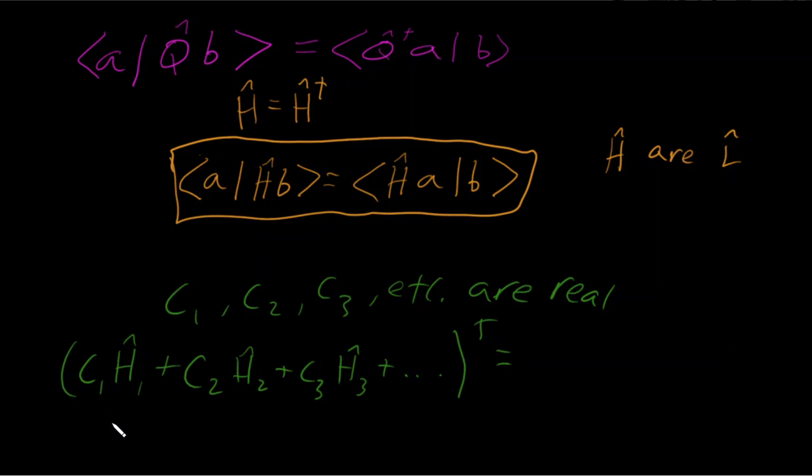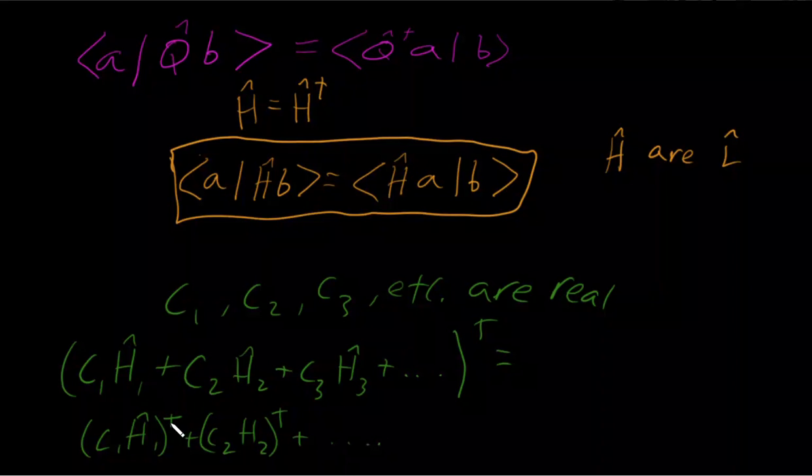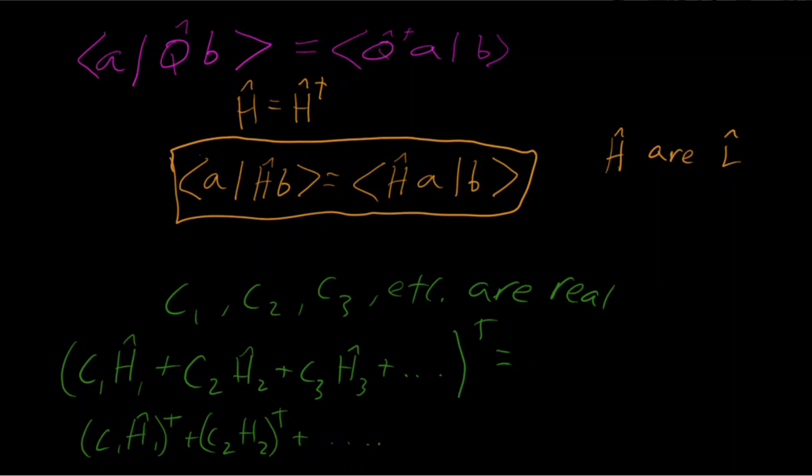So this would be C1 H1 dagger plus C2 H2 dagger plus dot dot dot, right? But then this dagger, right? The Hermitian conjugate of a product is a product of the Hermitian conjugates. And actually, I'll tell you that is not entirely true, but for right now and until section 5, it will work for us.